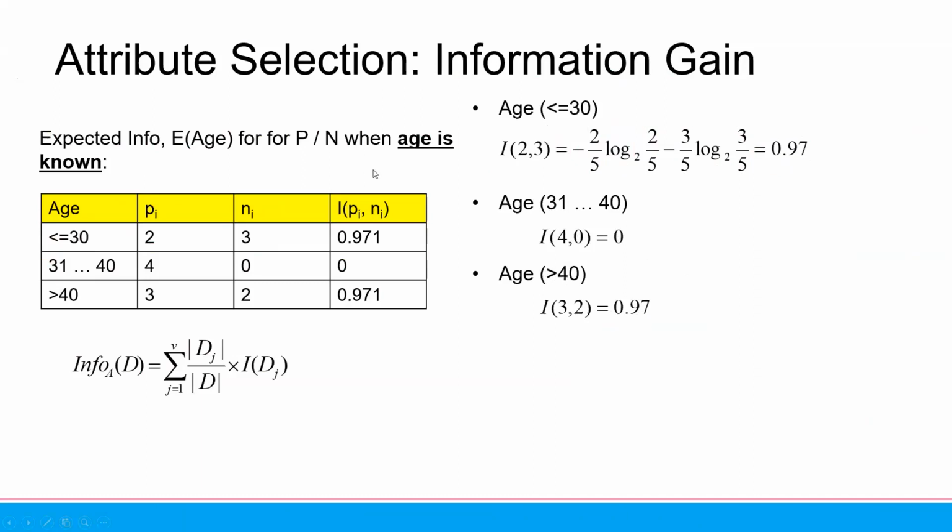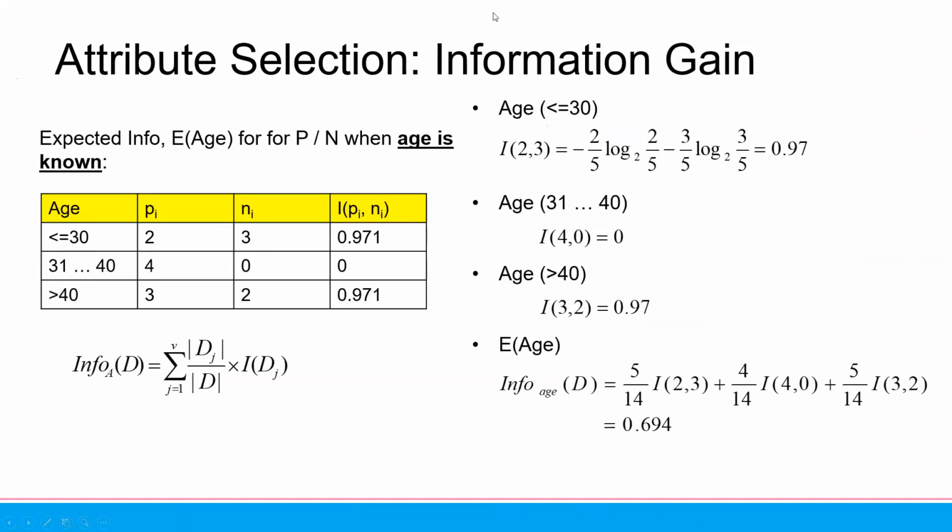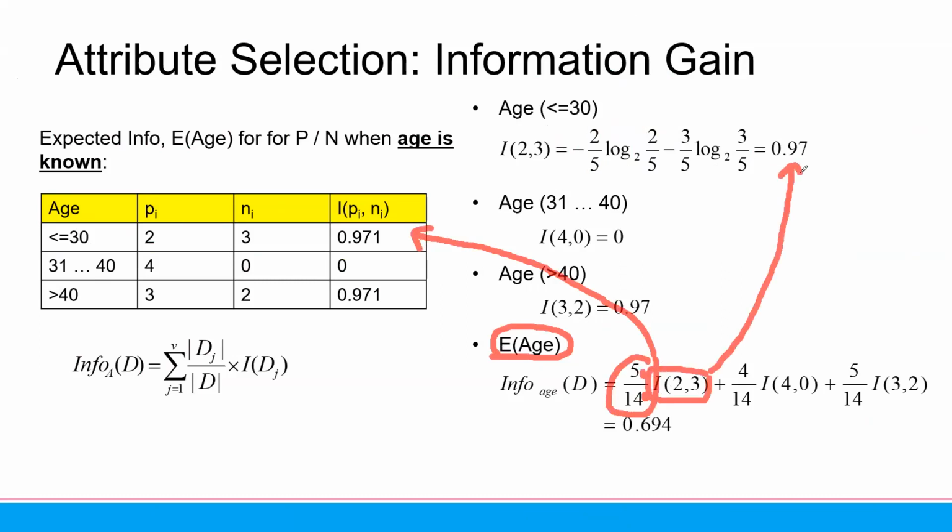And we need to get the entropy value of the attribute age. How to get this one? So we need to make the proportion. This is the proportion of the first category, which is less than or equal to 30. We have 5 among 14 multiplied by I(2,3), this value.